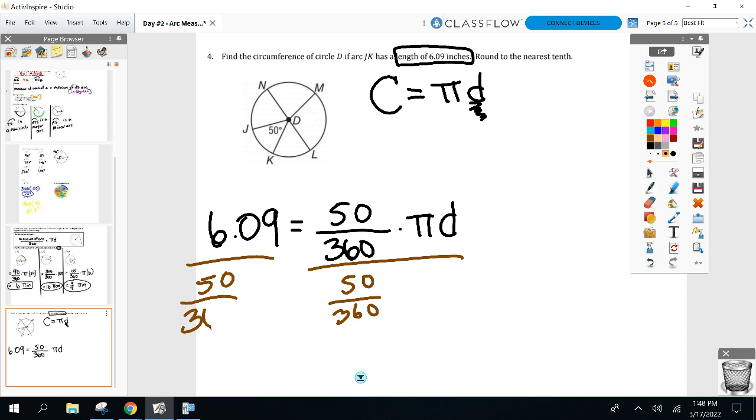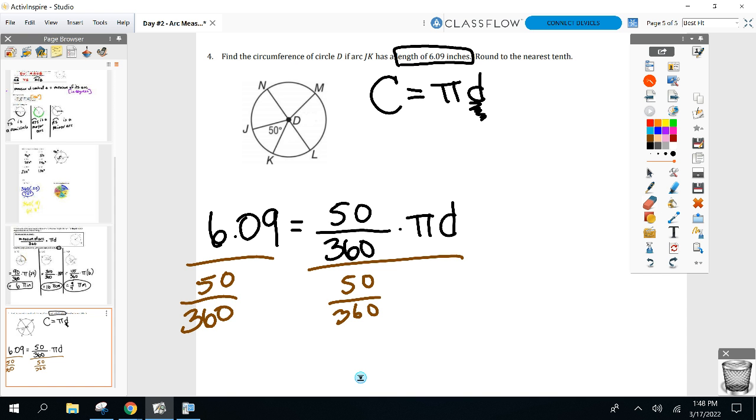We have fraction templates on our calculator. Did anybody do multiplication instead? What could I have multiplied both sides by to get rid of it? Jonah? 360 over 50, the reciprocal. So multiply both sides by 360 over 50 if you want to get rid of it.